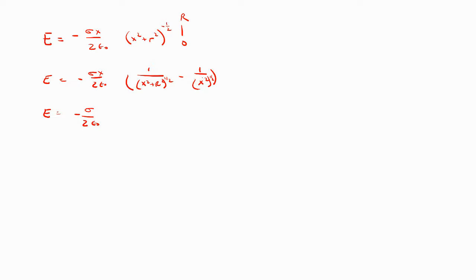So for one, I can switch which one's negative and positive by distributing the negative sign here. So I'll turn that into a positive, and I can make it negative 1 over x squared to the 1/2. I can just write it as x. I'm going to incorporate the x from here into these terms.